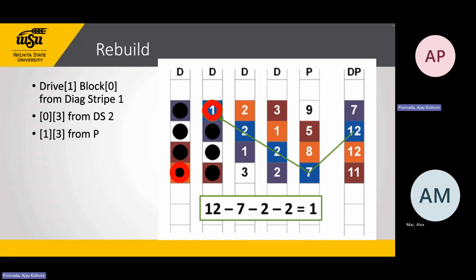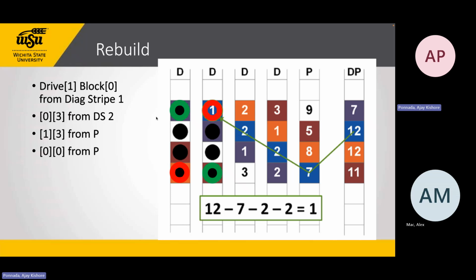Okay, 1, 3. This one from the parity, because we have just calculated that's 1. So again, we can get this one, right? It's how we calculated using these 4. Since we know this one, we know how to rebuild this one, and so on. It's easy now.